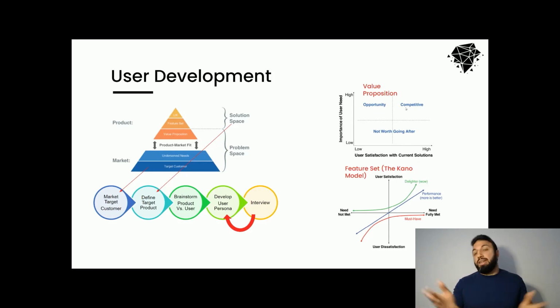So if you want to enter that market, it's going to be difficult. You need to really think about a market that does not have that much competition. This is not advice from me to exit competitive markets, but just to place yourself in this pyramid in a systematic way.